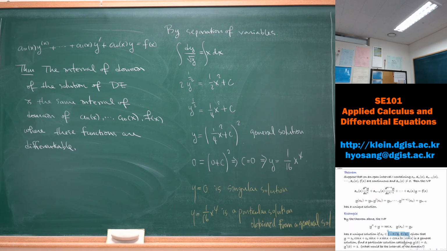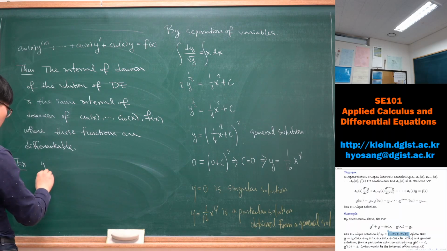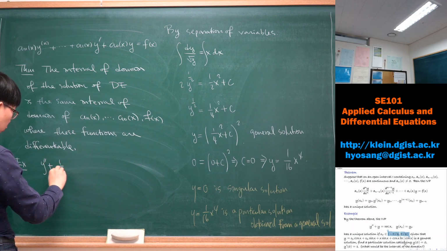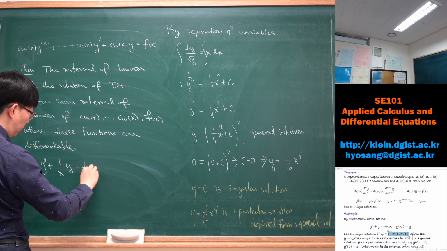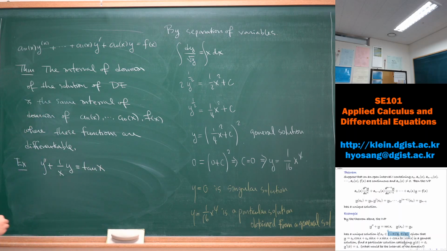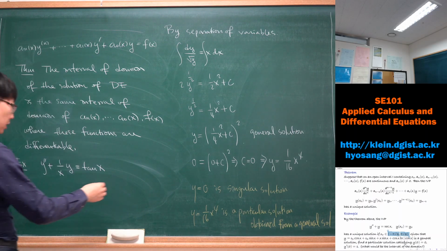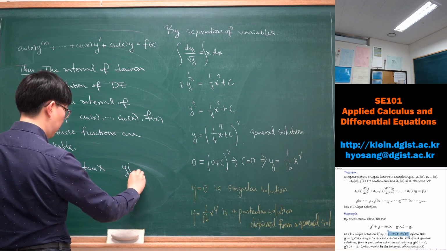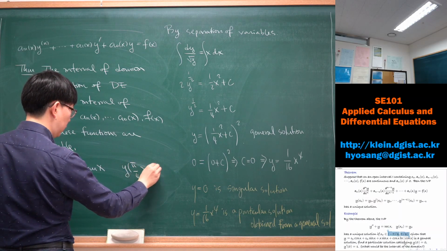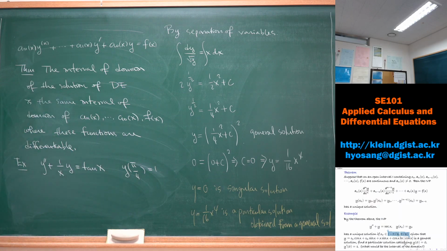So, for example, let me give a slightly different example. Suppose that we have y double prime plus 1 over x y equals, let's say, tangent x. Okay? And I want to find a particular solution with y of pi over 4 equals 1.